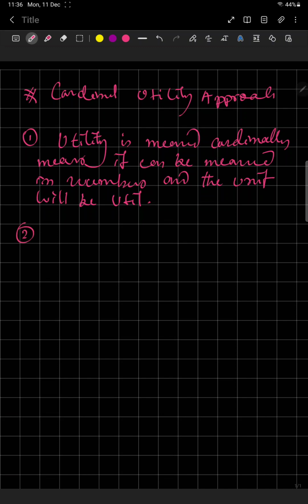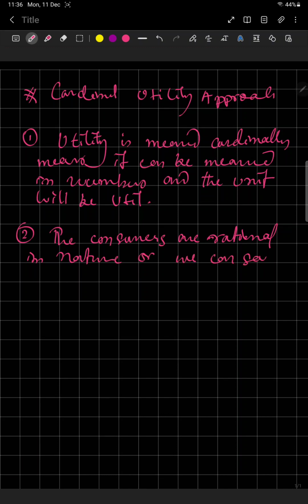The second assumption is the consumers are rational in nature. Or we can say they are rational consumers.